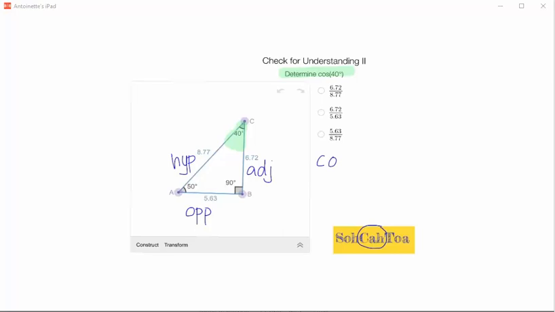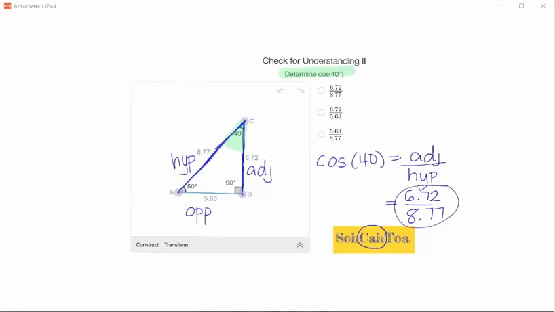So cosine of 40 degrees is going to be a ratio of the adjacent side compared to the hypotenuse. When I'm looking at my 40-degree angle, my adjacent side is this one right here, 6.72, and my hypotenuse is right here, which is 8.77. So that was this one.